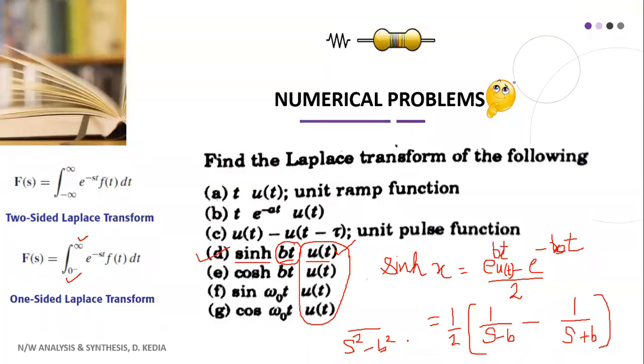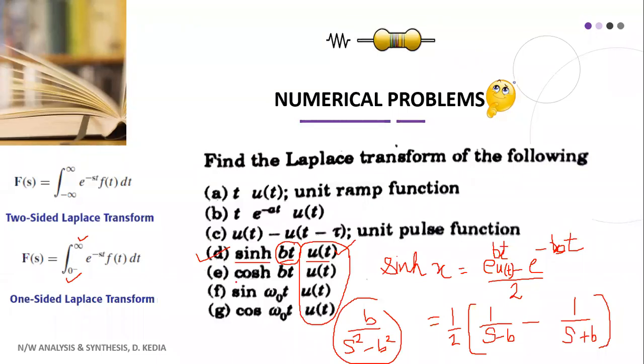Minus sign is there, so s will be cancelled, b will remain as it is. So this will be the answer for your sine hyperbolic bt ut. This is the simple solution for your sine hyperbolic bt function.